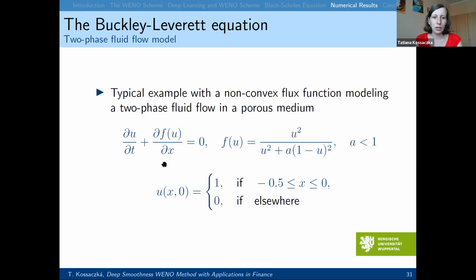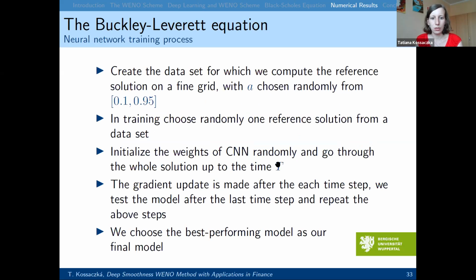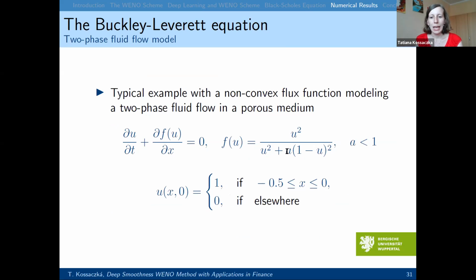So we have here some hyperbolic conservation law with this nonlinear flux function. And this flux function has here some parameter A. According to this parameter A, we can have many different hyperbolic conservation laws here.